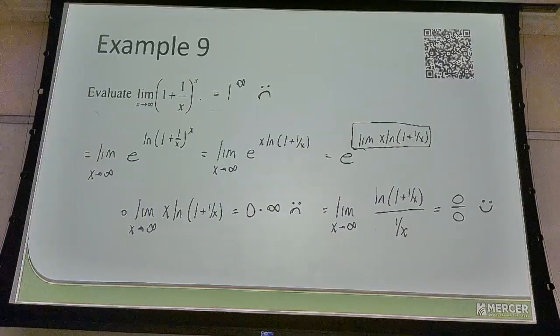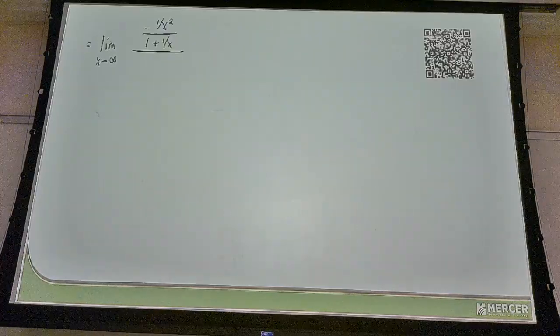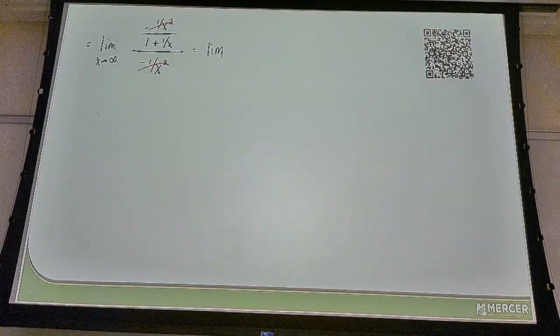What is the derivative of the denominator? Minus x to the minus 2. Oh, look at that. They drop out. That's why I said I'll simplify it later. What's that limit? 1.